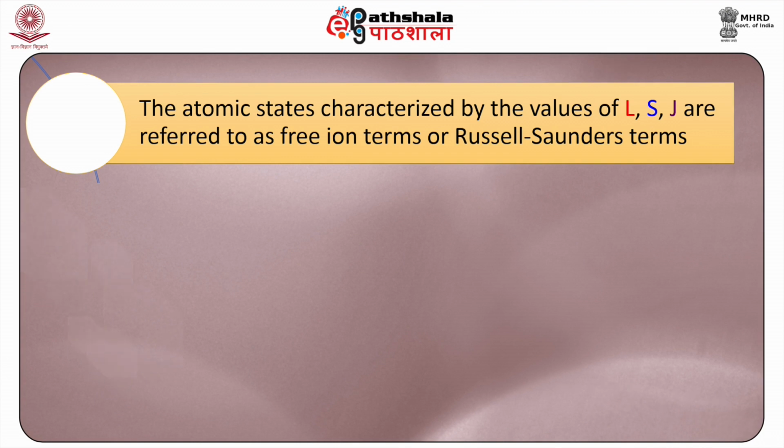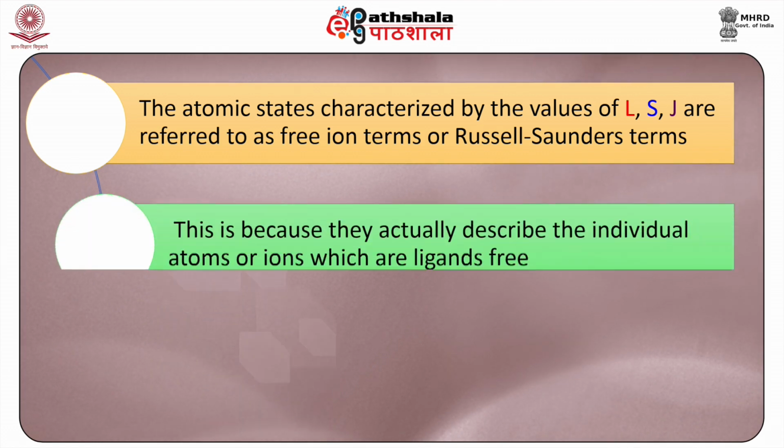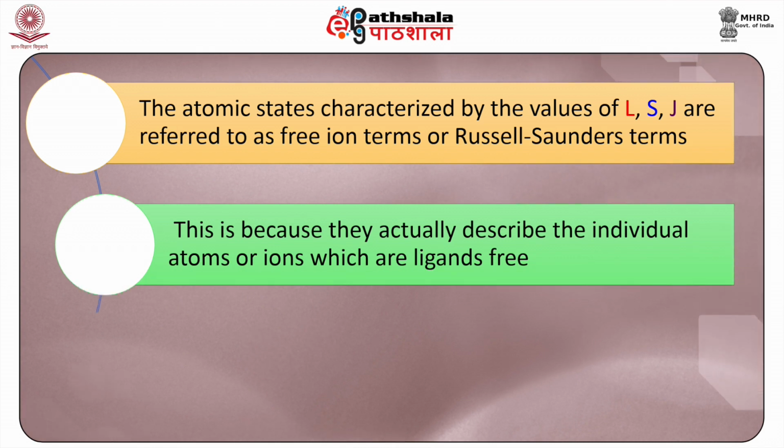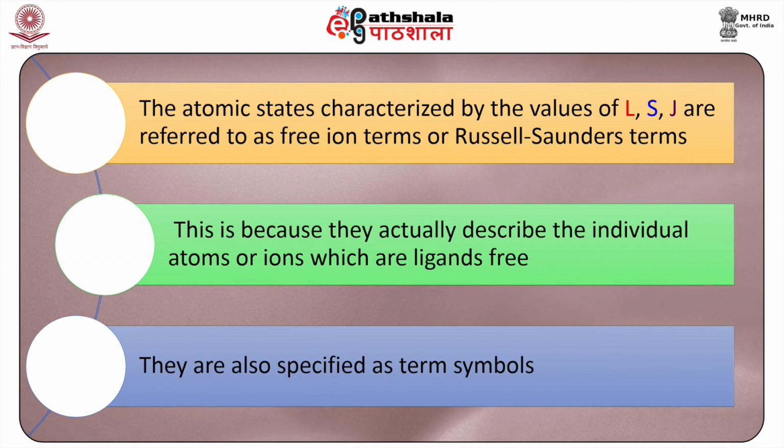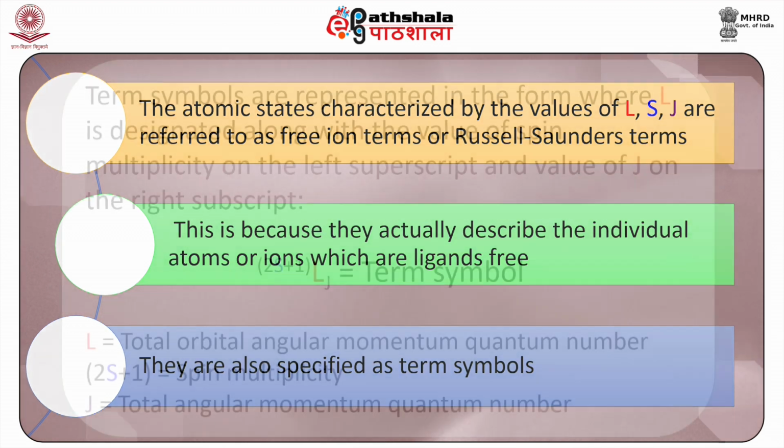The atomic states characterized by the values of L, S, J are referred to as free ion terms or Russell-Saunders terms. This is because they describe individual atoms or ions which are ligand free. They are also specified as term symbols.